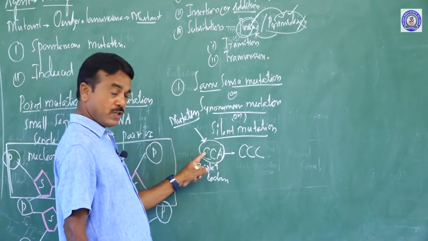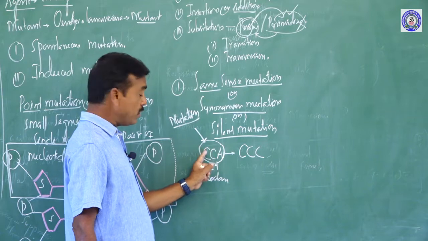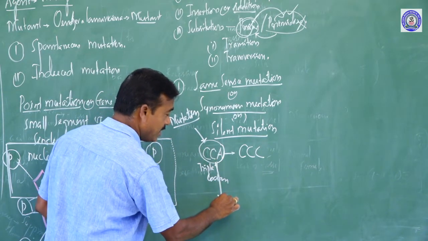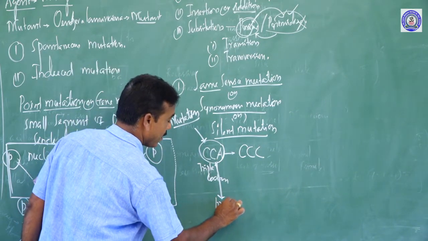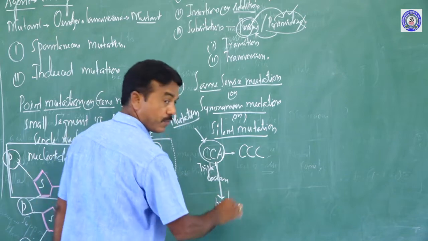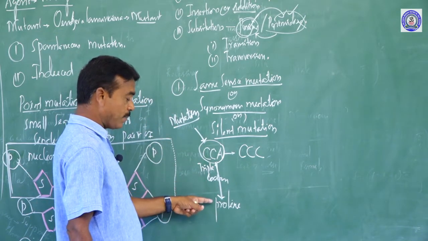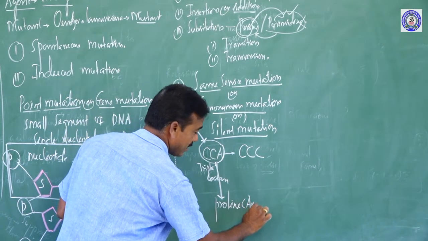This is before mutation, this is after mutation. Before mutation, the code CCA, what type of amino acid does it give? Proline. So CCA is a triplet code that produces proline, which is an amino acid.